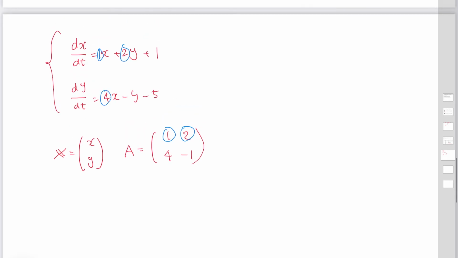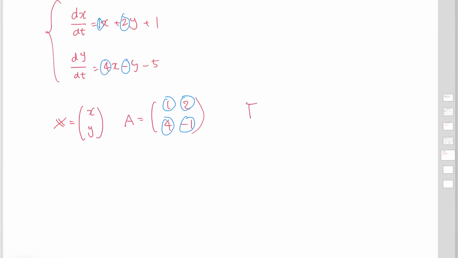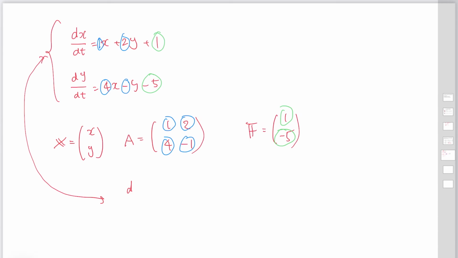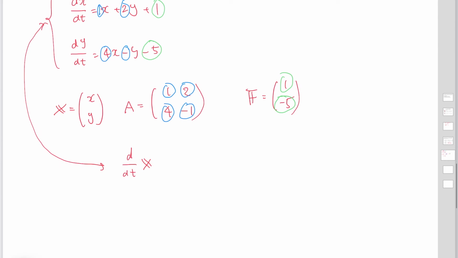And the vector f is 1, minus 5. This comes from the 1 here, and the minus 5 here. So by introducing these vector and matrix forms, this equation is exactly equal to d/dt of the vector X equals AX plus f.